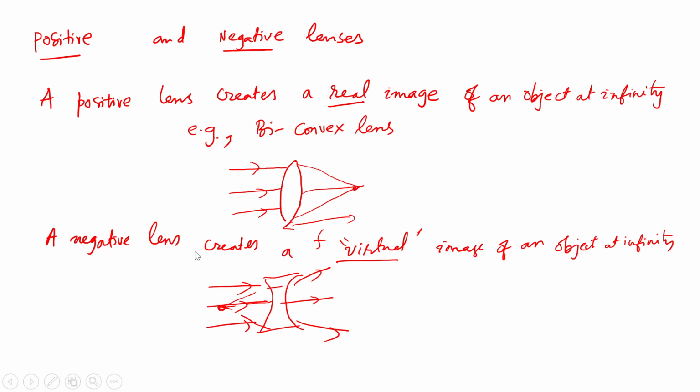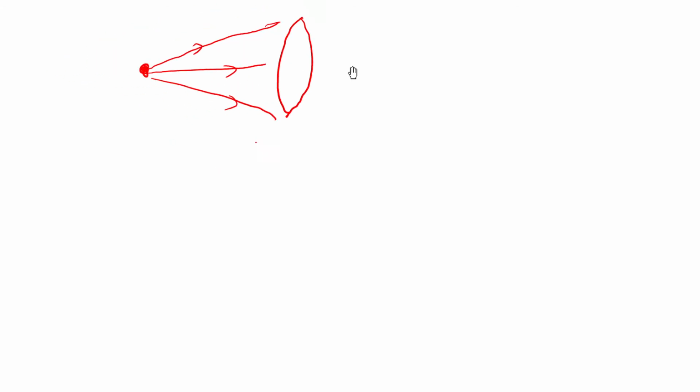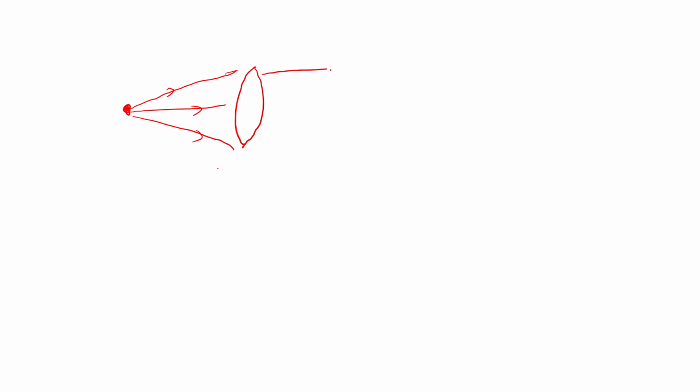So if I flip that around, let's say I have a convex lens and here I have a point source, right? The point source is obviously producing rays that are diverging like this. So if I place a convex lens, then I am going to get the opposite case, right?